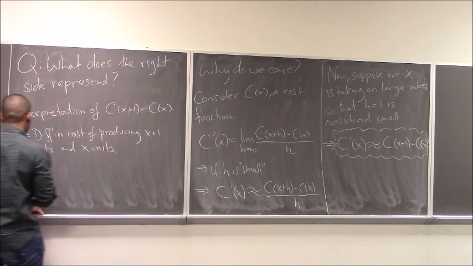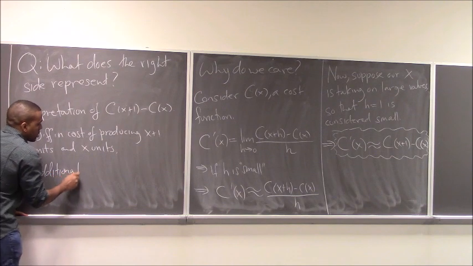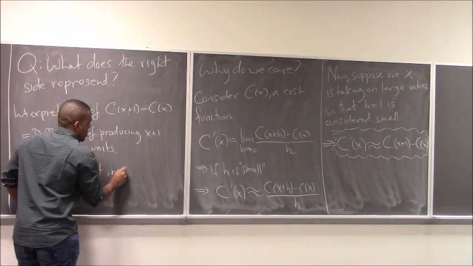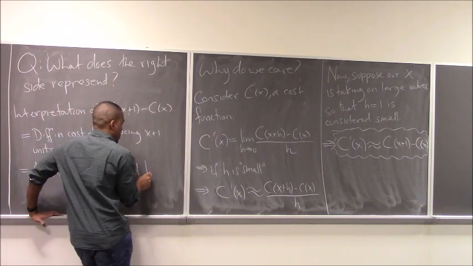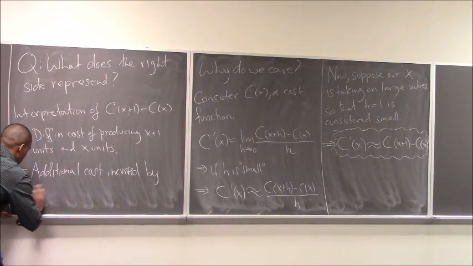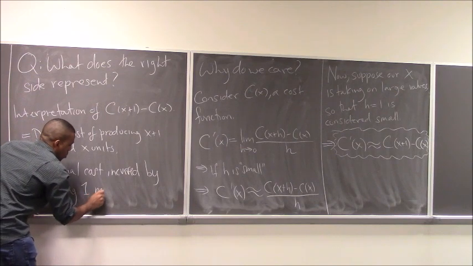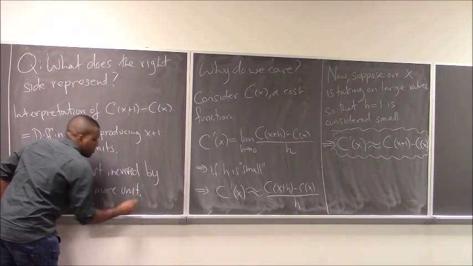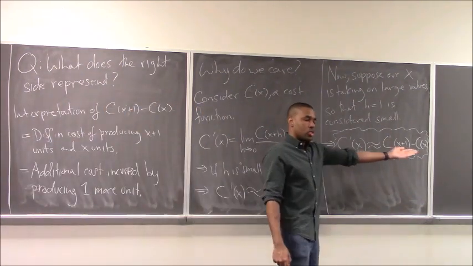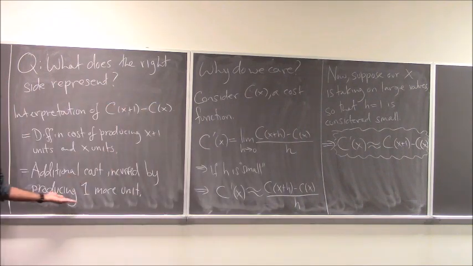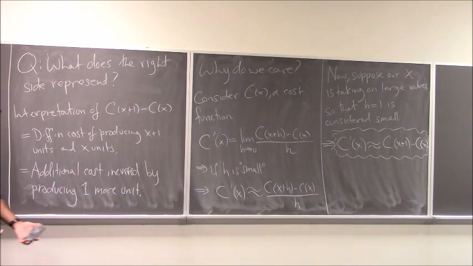Or in other words, we can think of this as the additional cost by producing one more unit. So it turns out the derivative can approximate this quantity, and that quantity is precisely this interpretation. It's the additional cost of producing one more.